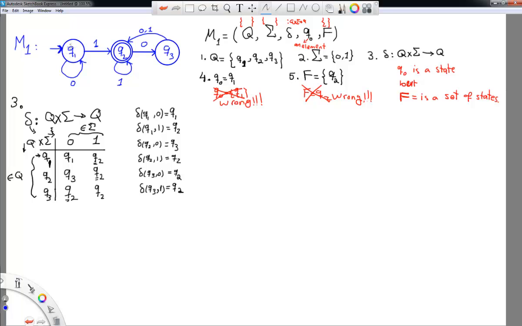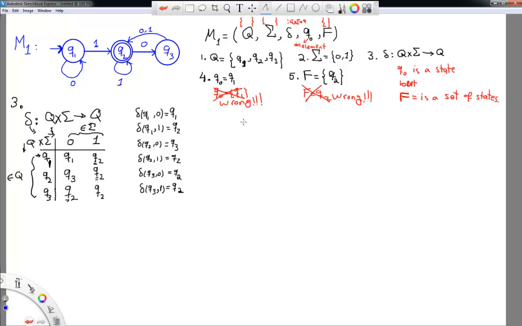So if it starts in Q sub 1 and sees a 1, or sees a bunch of zeros and then a 1, it accepts that string. If it sees a 1 and then keeps seeing 1s, it will also accept that string. However, after it sees the last 1, if it sees a 0, then it pops out of the accept state. And then it comes back to the accept state if it sees another 0 or a 1.